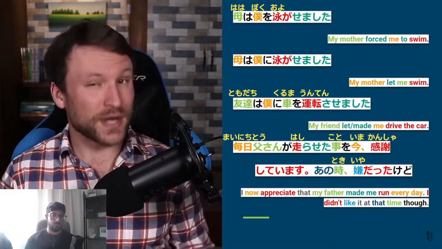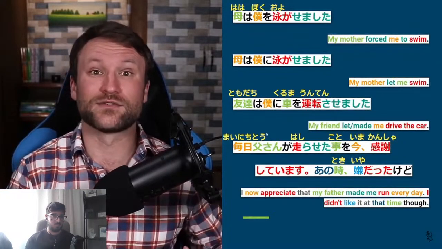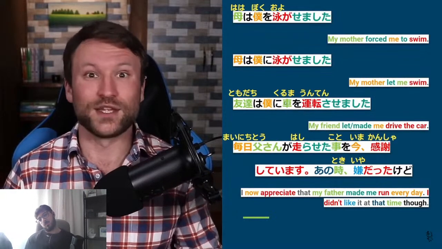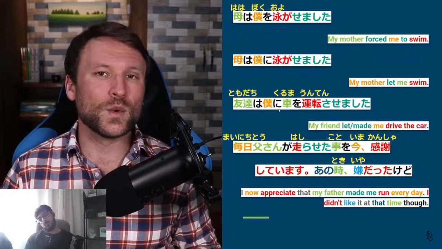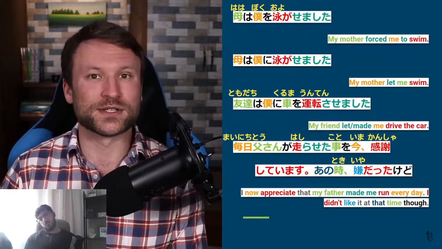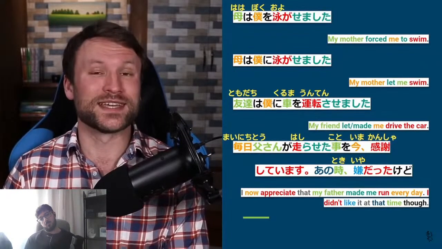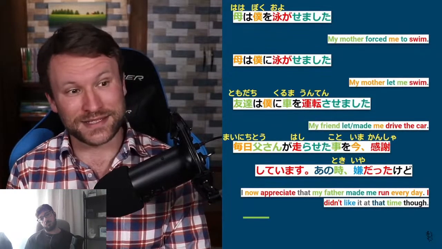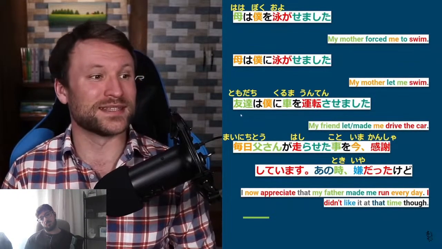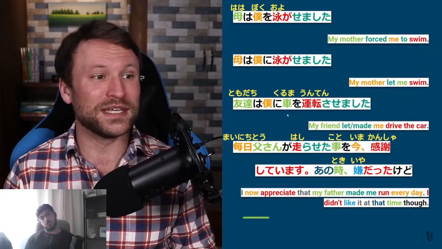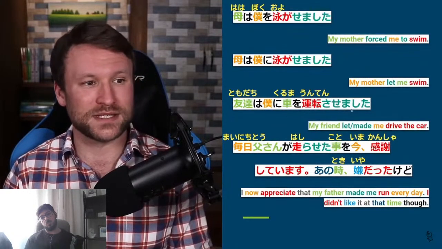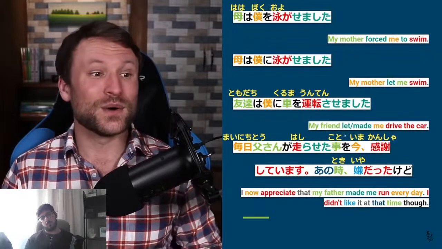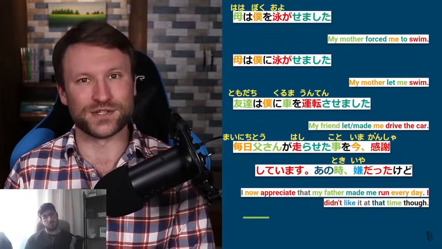Now, transitive verbs, those are verbs that require an object, like unten suru requires a thing you drive. Those will always take the ni particle in relation to the person who has to do the action. So once again, you can only tell from context whether a transitive verb is let or make someone do something. So this sentence, 友達は僕に車を運転させました. It could mean my friend let me drive the car, or it could mean my friend made me drive the car.